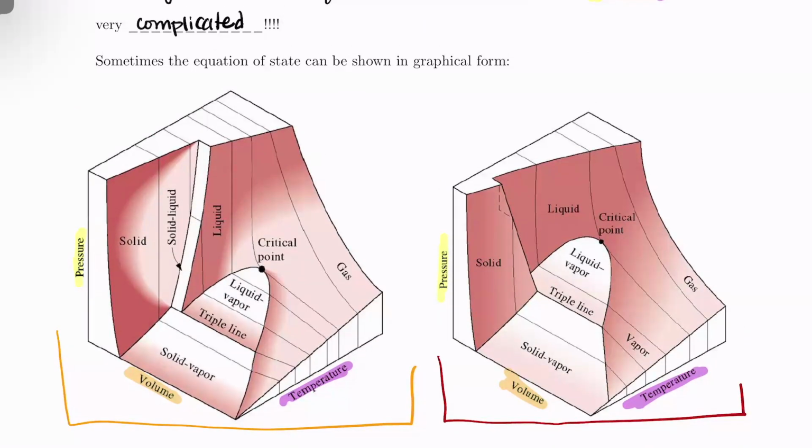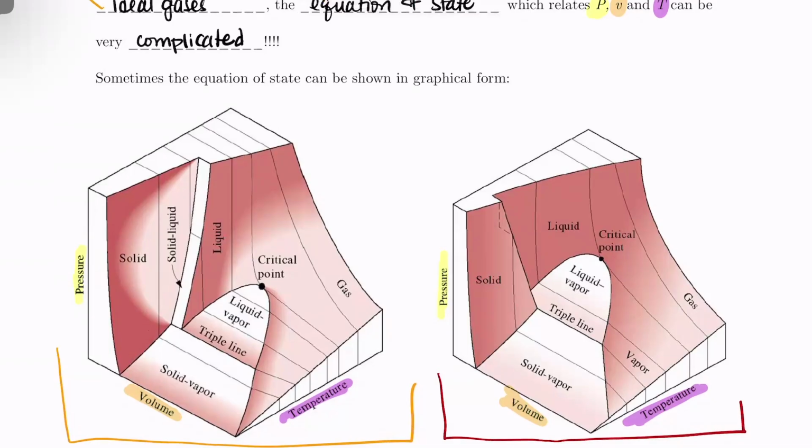So you'll notice that there is a region on this where we have our different states of matter. So for example, we have the gas phase in here. Our solid phase is over here. And then our liquid phase is here.